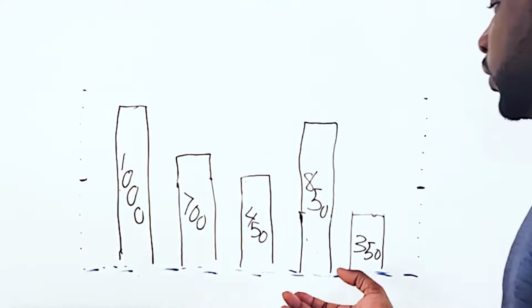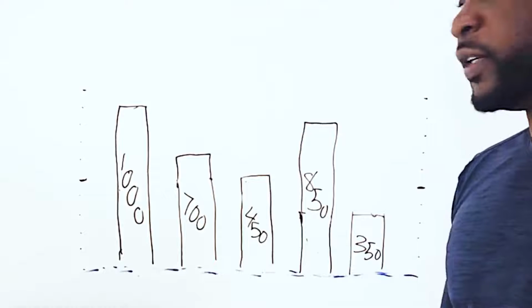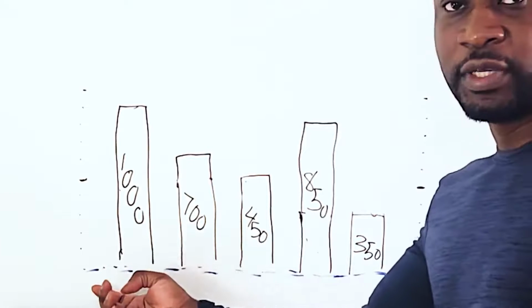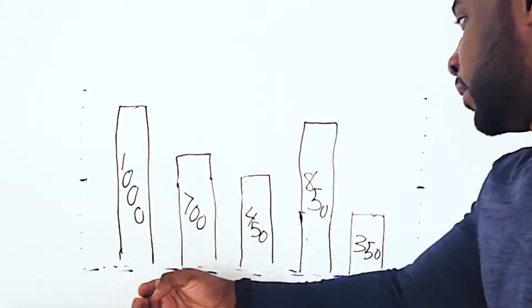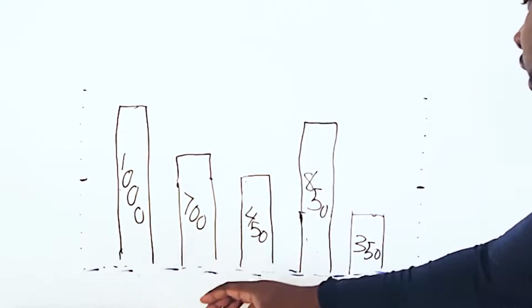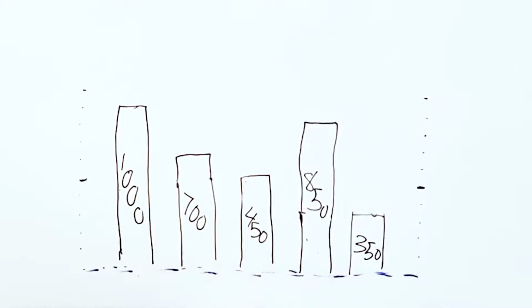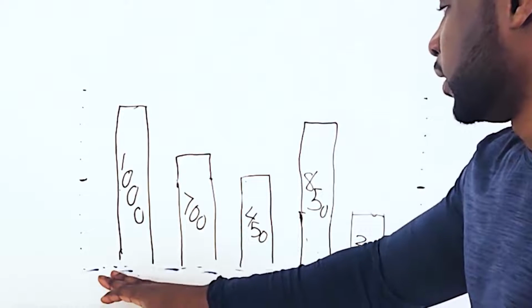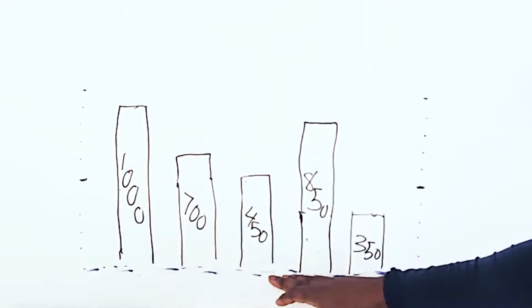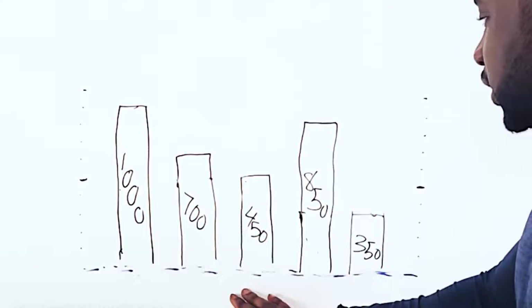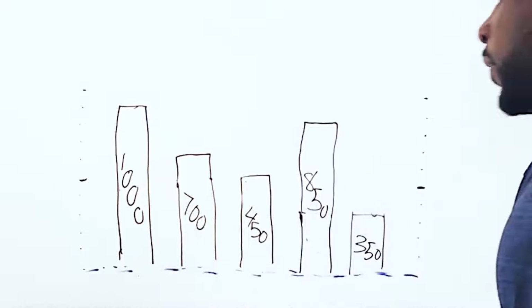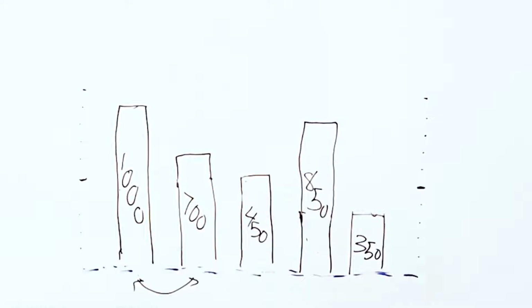So the next step of the bubble sort is to go all the way back to the beginning and perform the exact same steps so that the second smallest item will come into this position. And then we'll do that again from the beginning until the third smallest item comes into this position, and so forth, okay? So let me show you how it will work.